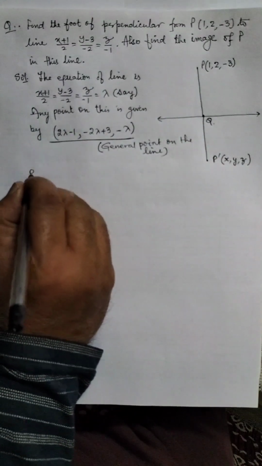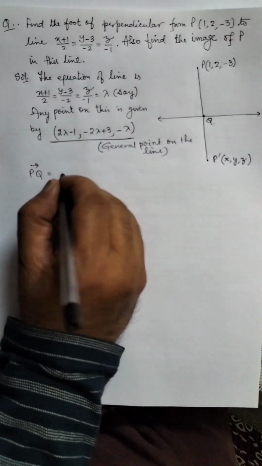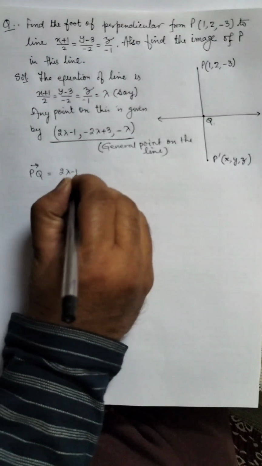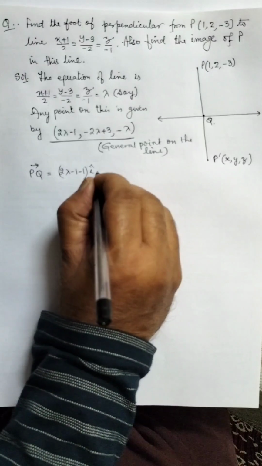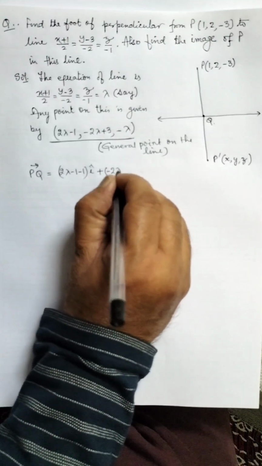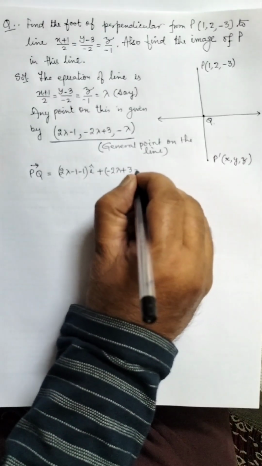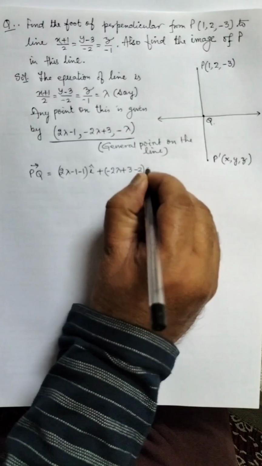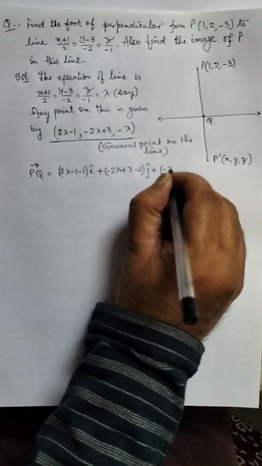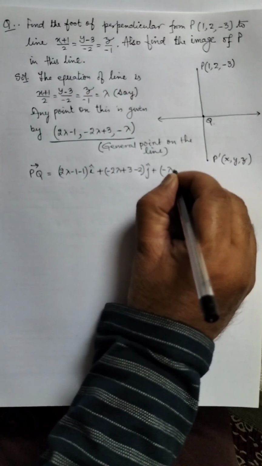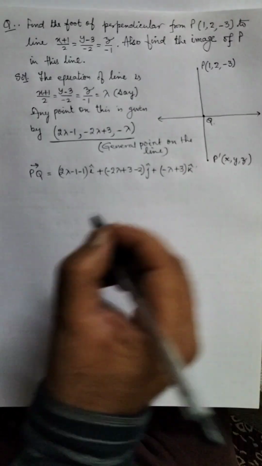Let us find the position vector of PQ, which is (2 lambda - 1) i cap plus (-2 lambda + 3 - 2) j cap plus (-lambda - (-3)), that becomes plus 3 k cap.